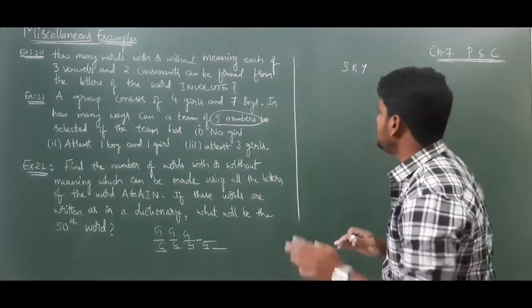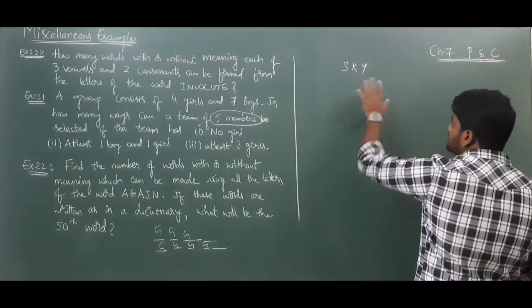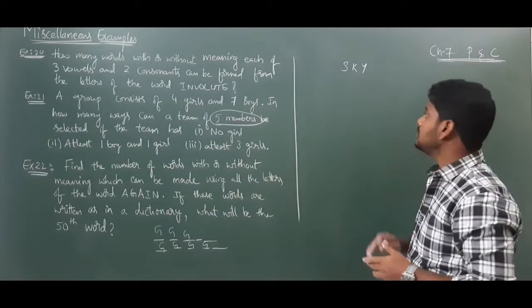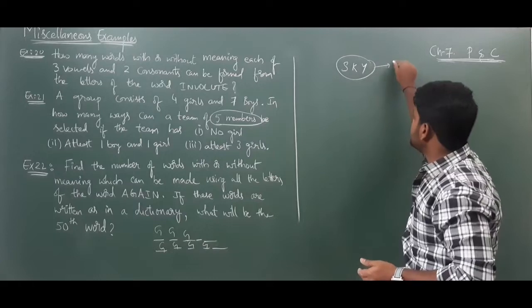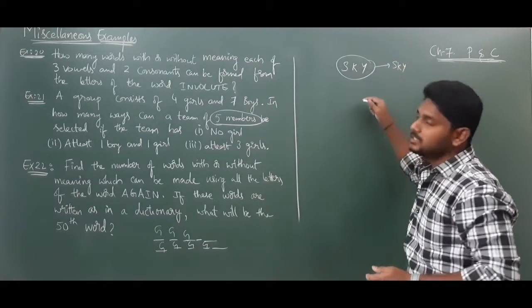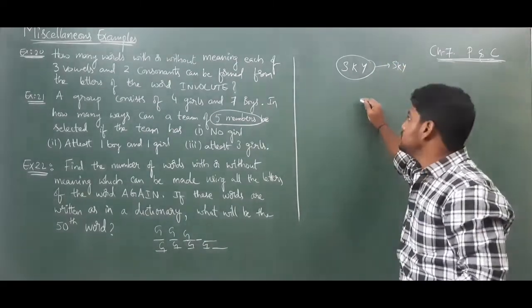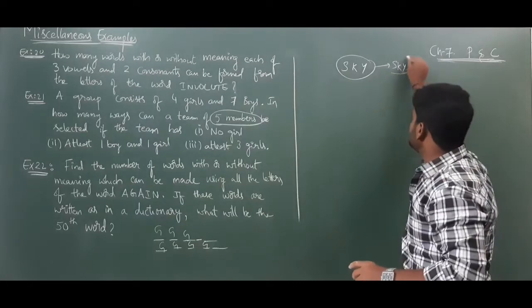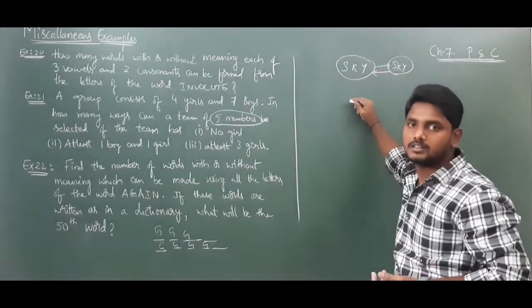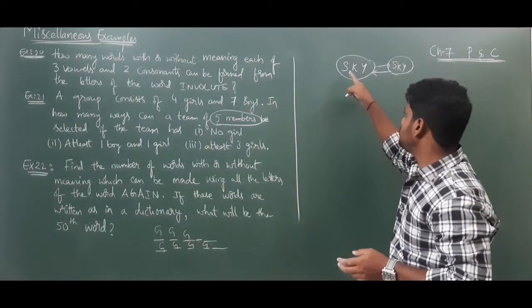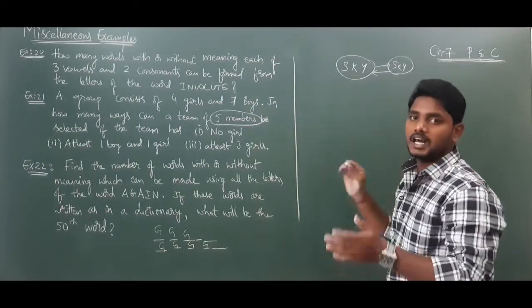Now if we arrange the dictionary using only these 3 letters, what is the order? That is nothing but the rank of the word SKY using these 3 letters. In order to find the rank of the word SKY, first of all we need to arrange these letters in alphabetical order.